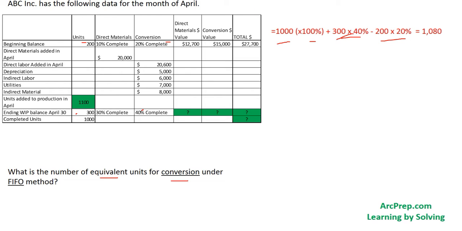So the total equivalent units under FIFO is 1,080. Again, the reason we are subtracting this is FIFO is a different method. We are taking current cost only, whereas under weighted average we are taking current cost plus this. And as you are going to see, the unit calculation method is going to be different.